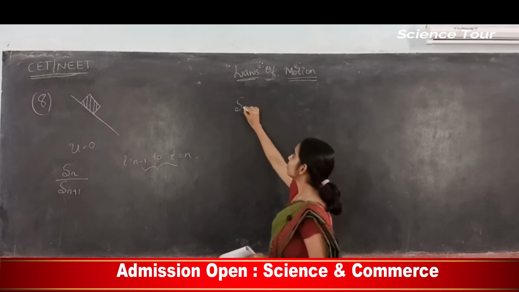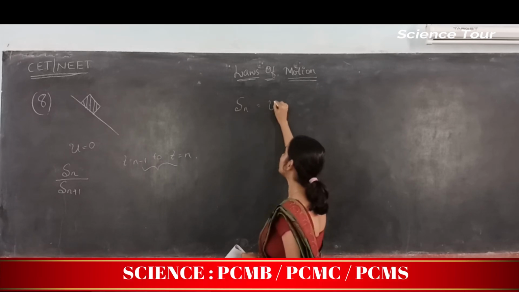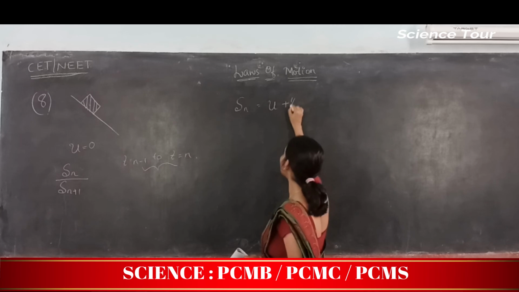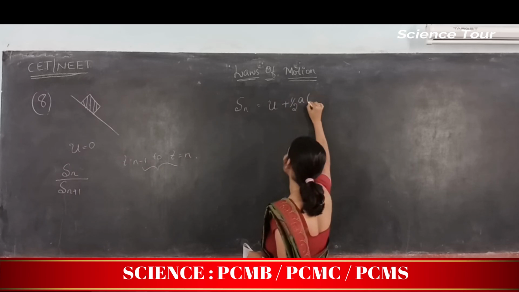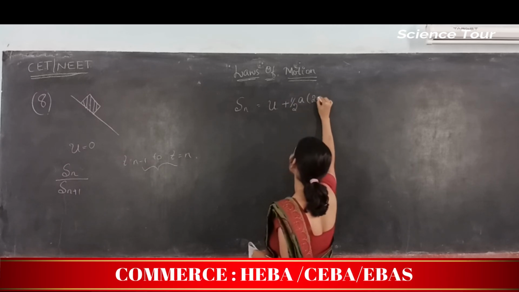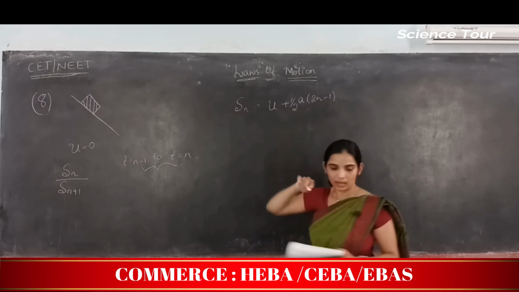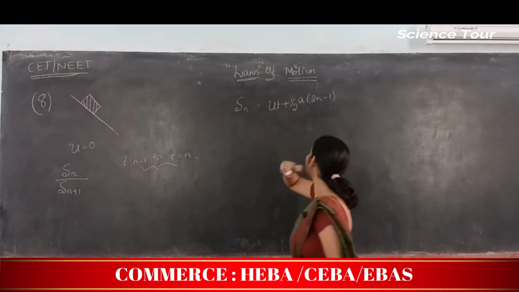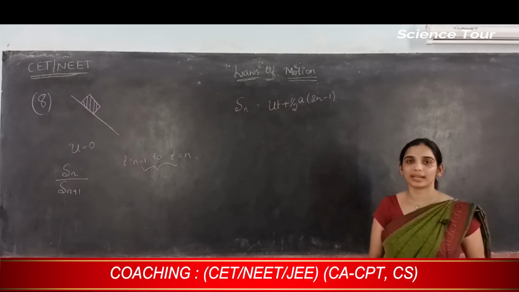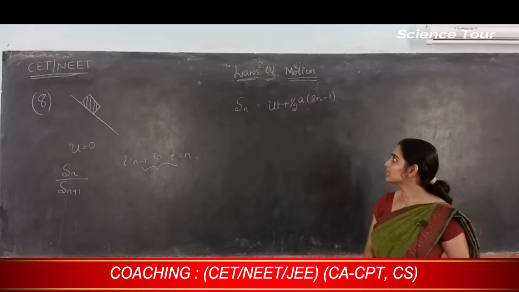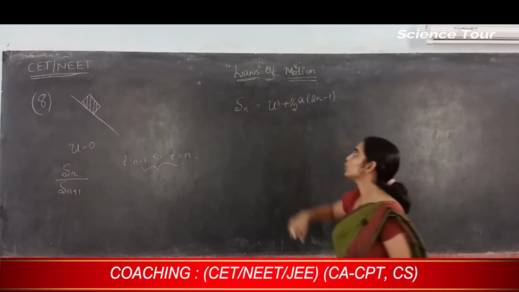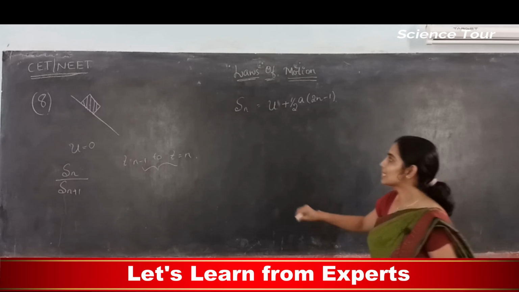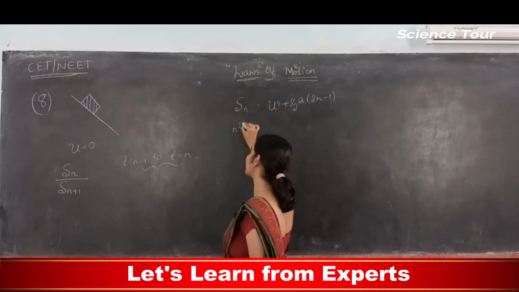Distance covered in the nth second is equal to u plus half into a into 2n minus 1. Now, what is the distance travelled in the nth second?